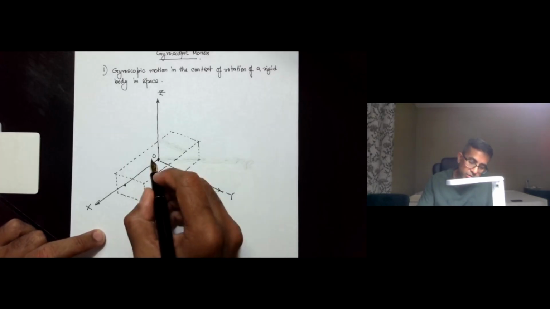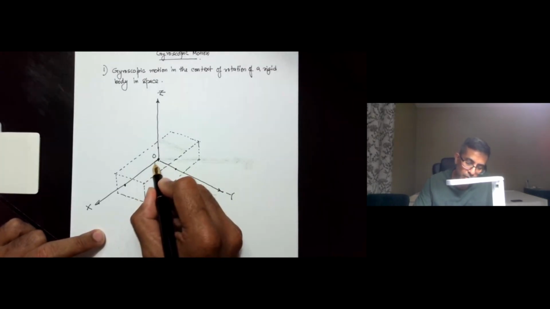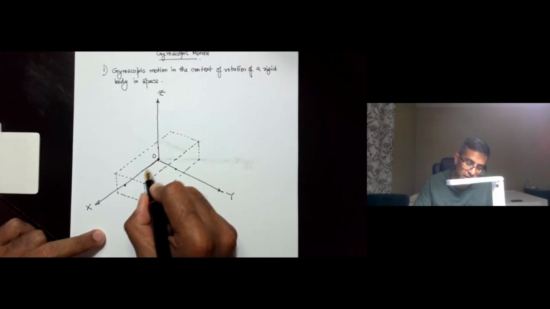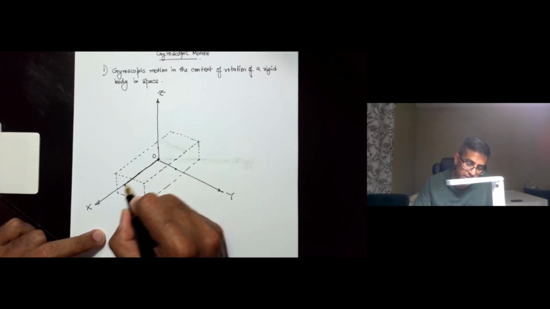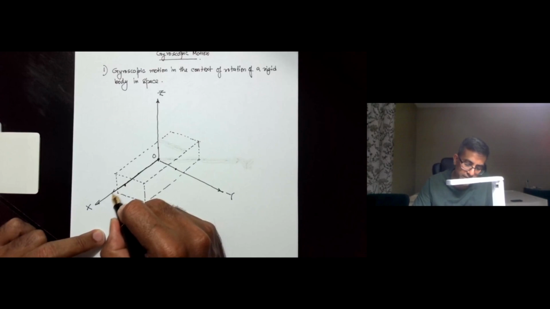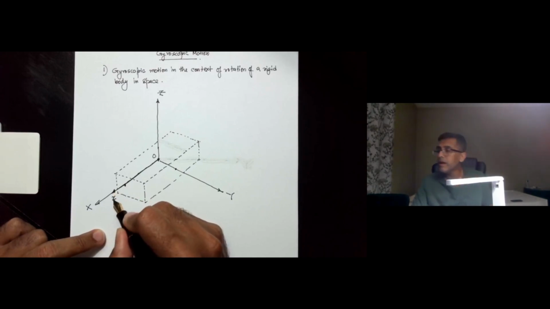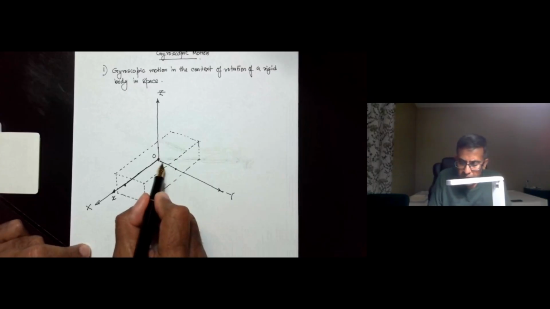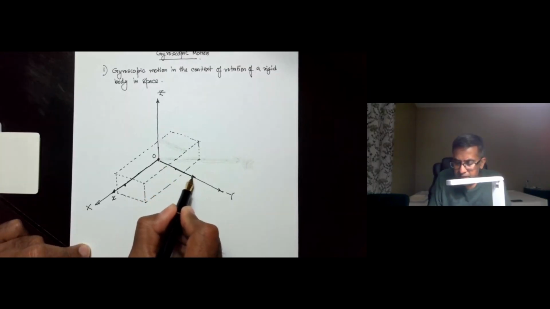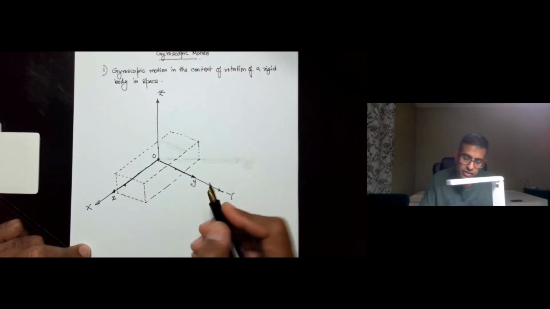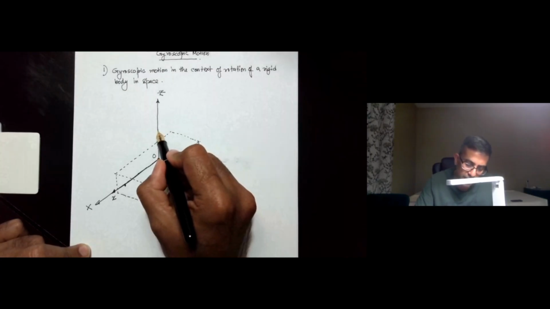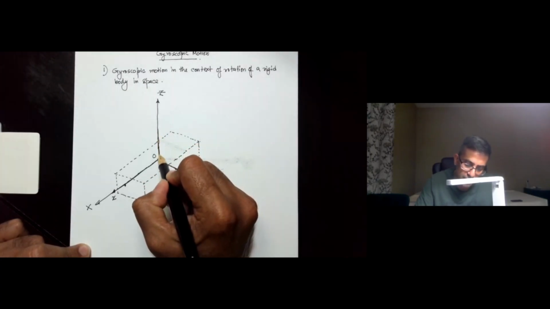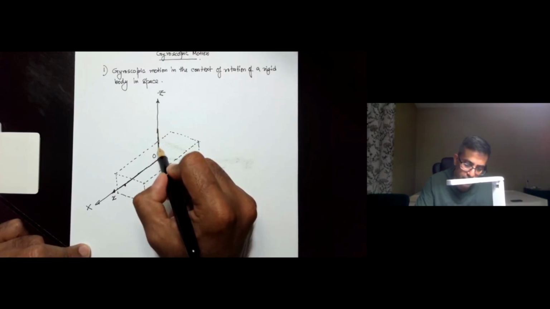Now, let us also say that there is a body fixed xyz. The body fixed xyz is a coordinate system that is fixed to this cuboid and that rotates with the cuboid.